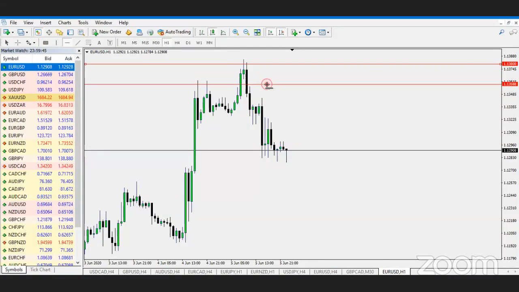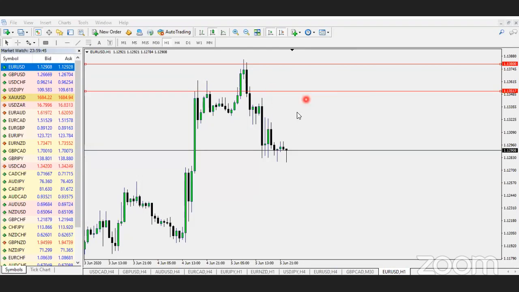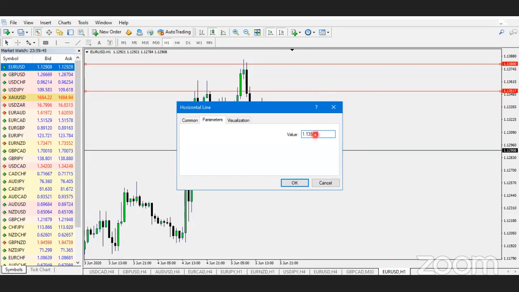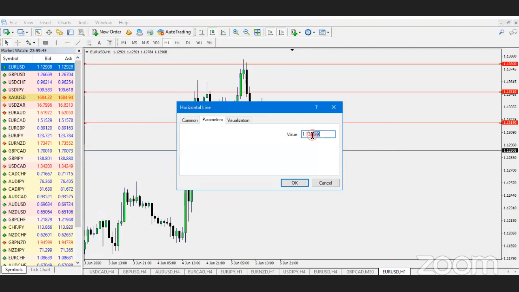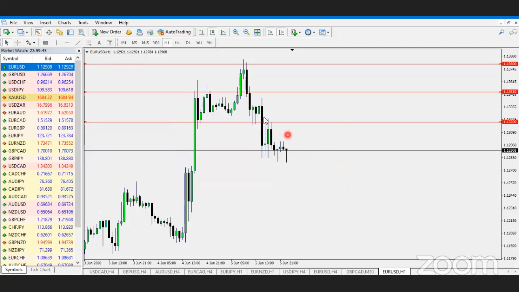And again, we just add in our 500 level, which is the next level down. And let's add in our 200 level over here. There is our 200 level. And again, our round number over here.